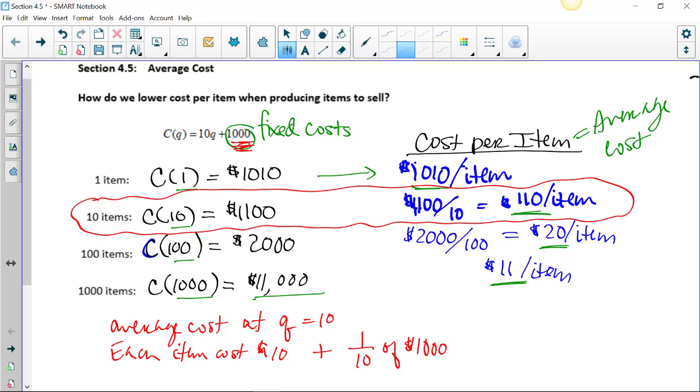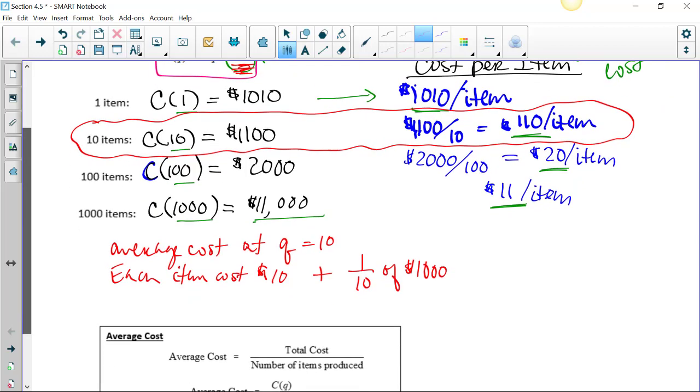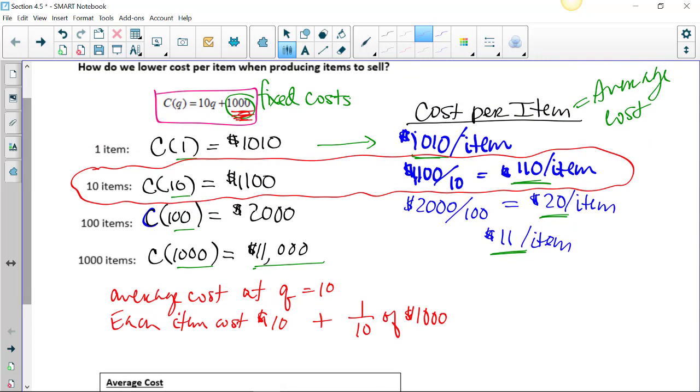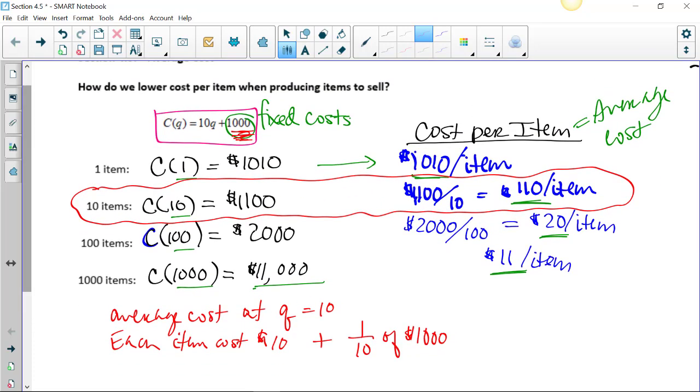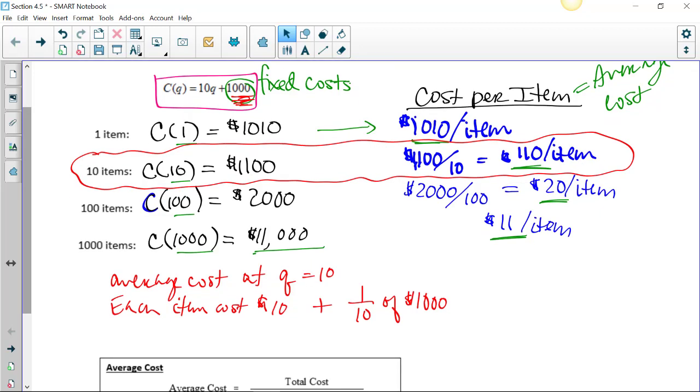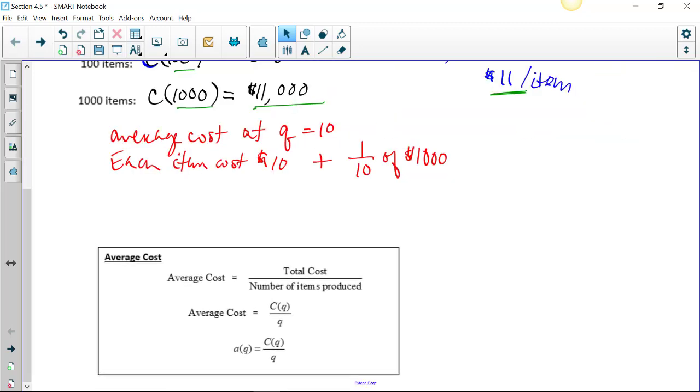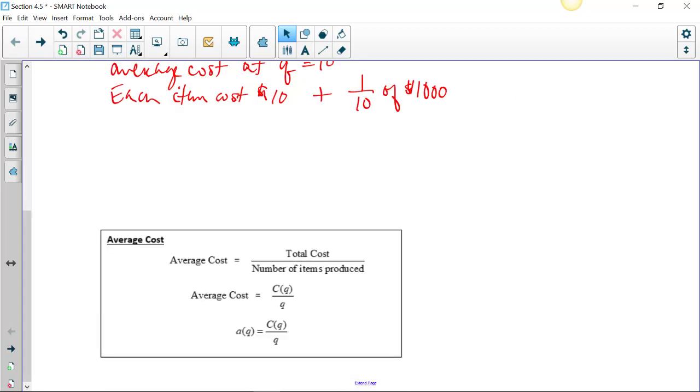If I look at my original cost function, it is linear. Anytime we have a linear cost function, we want to produce as many items as possible, because an increase in the number of items will decrease the average cost.